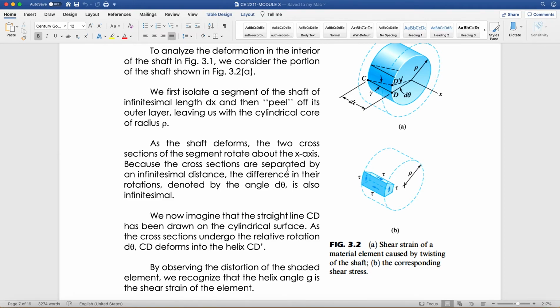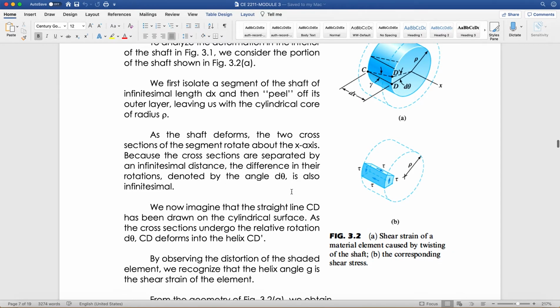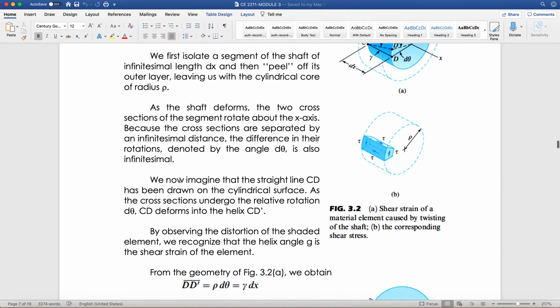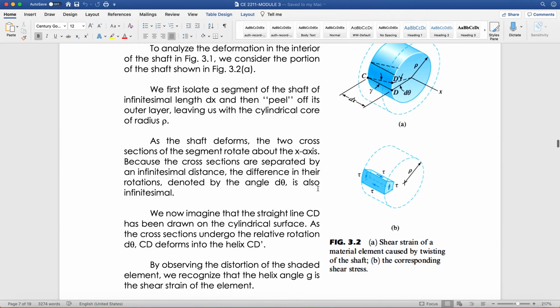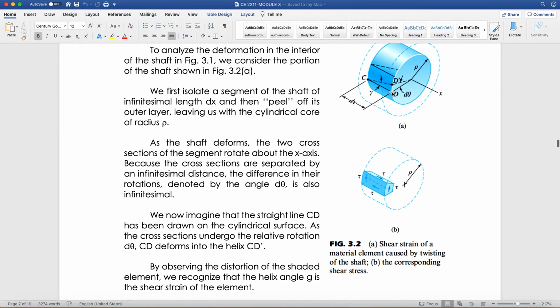Because the cross-sections are separated by an infinitesimal distance, the difference in the rotation, denoted by the angle d theta, is also infinitesimal. We now imagine that a straight line CD has been drawn on the cylindrical surface. As the cross-sections undergo relative rotation d theta, CD deforms into a helix CD prime.